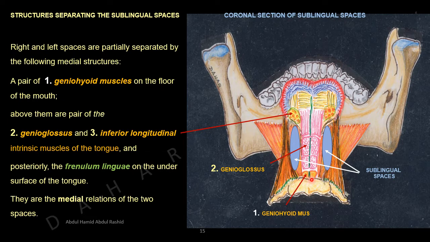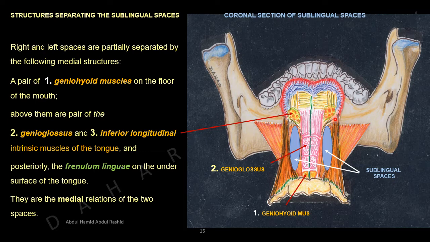Above them is the genioglossus muscle. They come from the superior pair of mental spines and go into the mouth. Above that is a pair of inferior longitudinal intrinsic muscles.